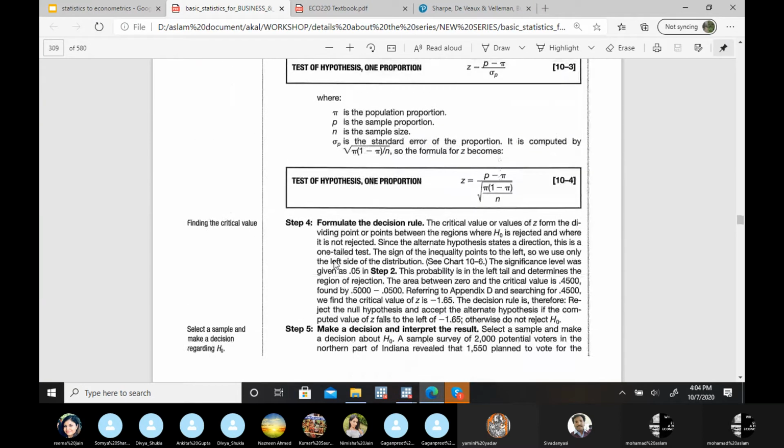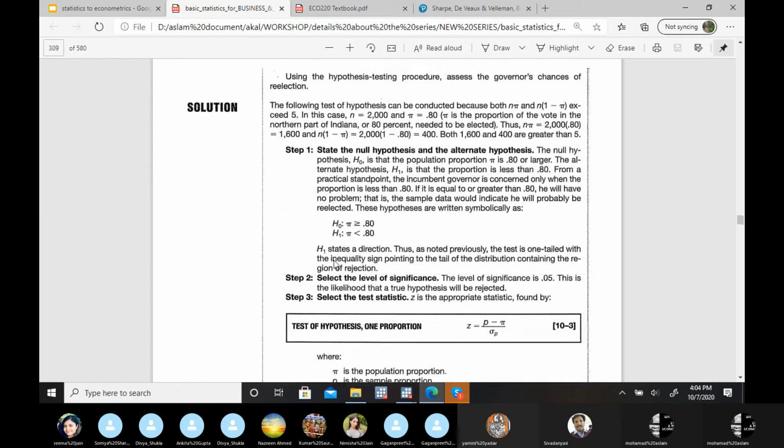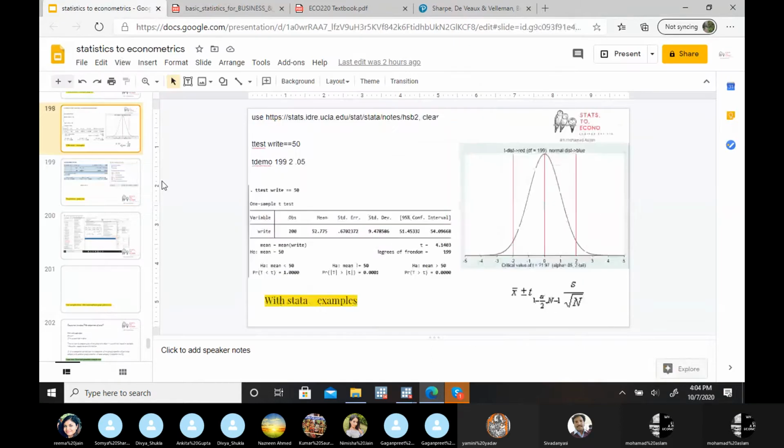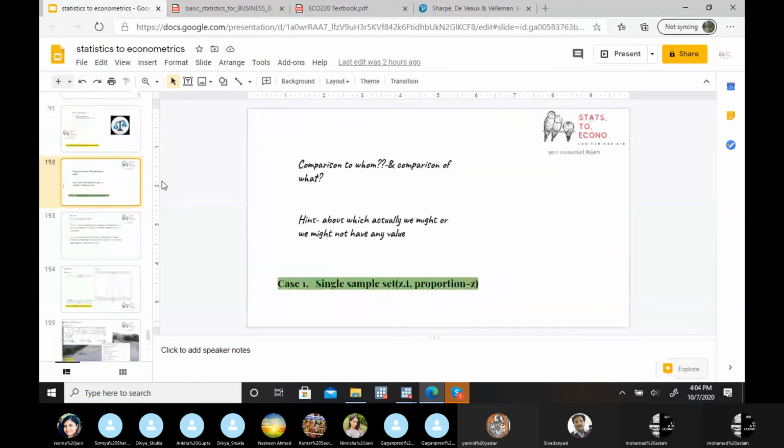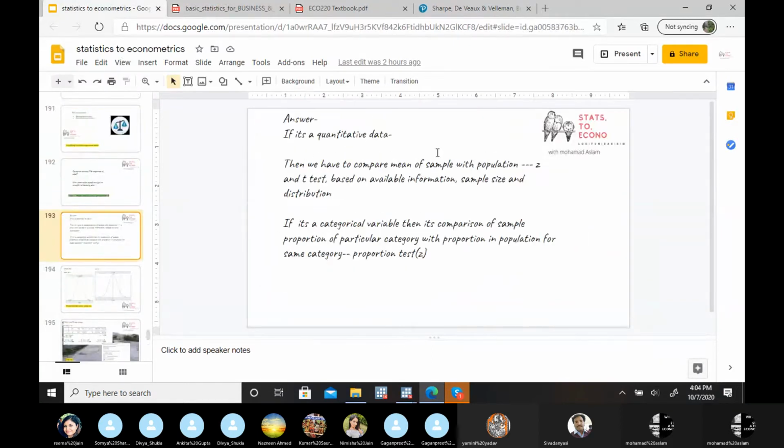So this is a case of proportion when you have something in percentages. If you have something in quantitative data, like the mean, then you can use Z and T test based upon the information, like as I described here, that this depends upon available information, sample size, and the distribution.